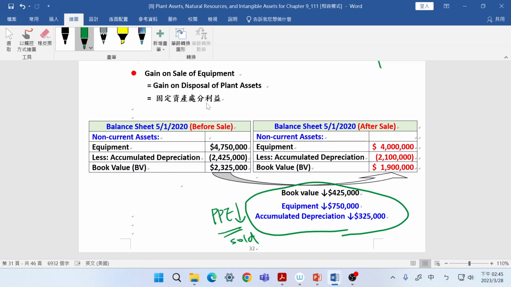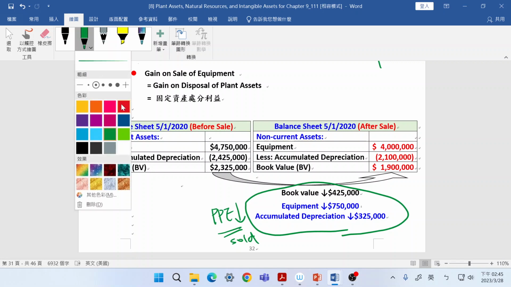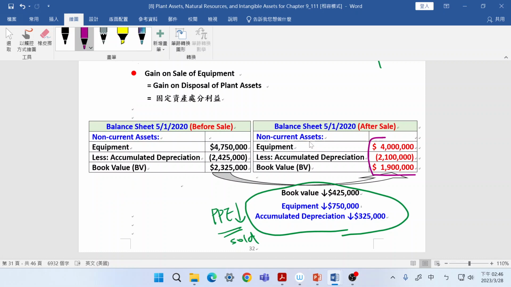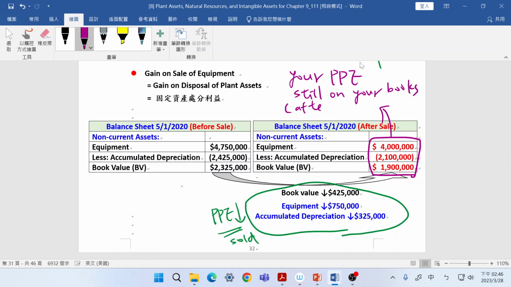After you sold PPE to others, there's a remaining PPE you have on your accounting books. So this is still your PPE still on your books after sold some PPE.